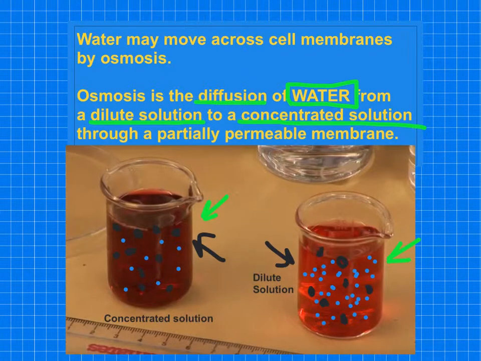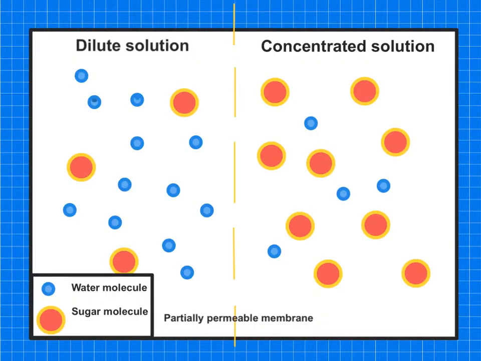So what we need to understand is how water moves from a dilute solution to a more concentrated solution through the partially permeable membrane. Here we have a cell. So this is outside the cell, and then you've got the partially permeable membrane, the yellow line, and then into the cell.